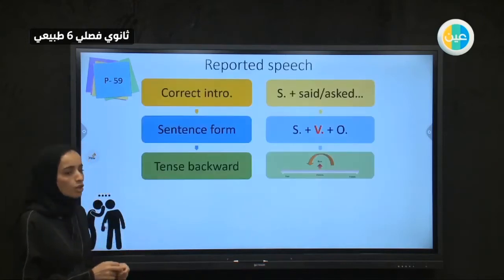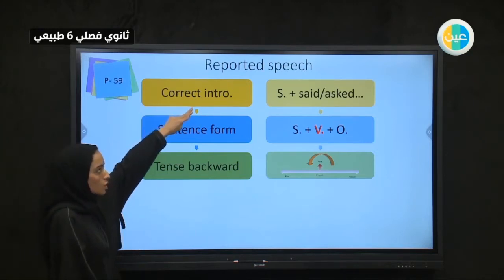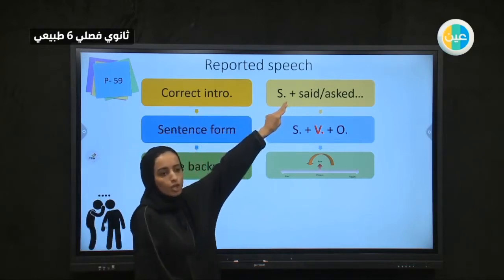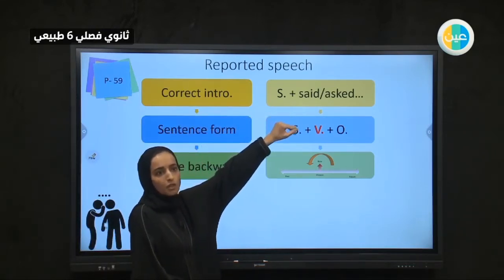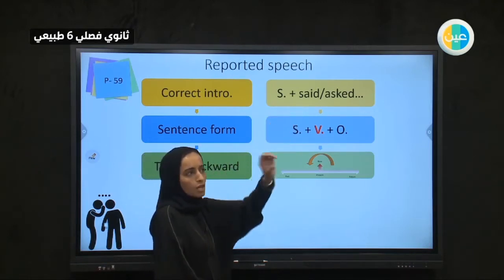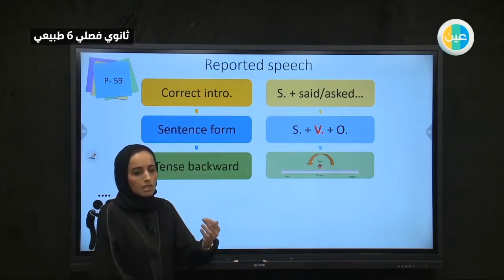First, to report a statement or to report anything, you will start with the correct introduction: he said, subject, then said, asked me, told me, advised me, reported to me, or said to me. You will start with the correct introduction just to tell whether it was a question or a sentence.